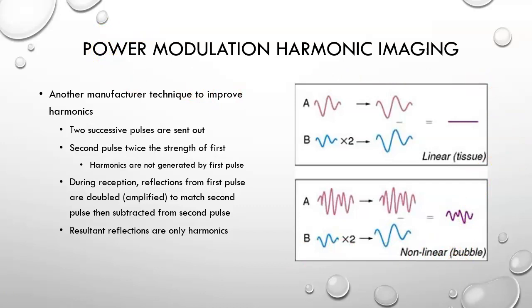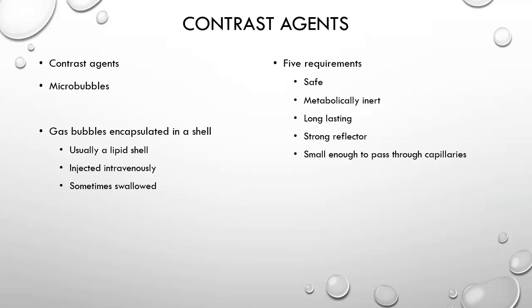Now let's talk about contrast bubbles. So contrast agents are little microbubbles that are injected into the bloodstream. These are gas bubbles that are encapsulated in a shell. So they usually use gas like nitrogen or something that isn't going to leak through the lipid shell of the contrast material.